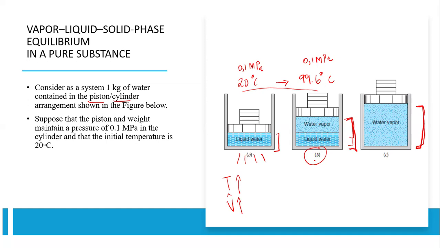So when you talk about the saturation temperature, it is the temperature at which vaporization takes place at the given pressure, which is the pressure 0.1 megapascals, right? So I'll write it in short, we have what you call the saturation temperature.